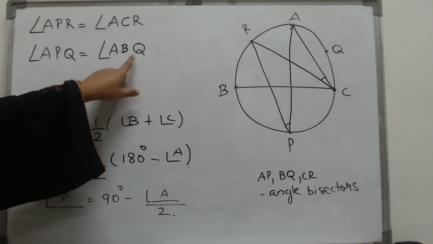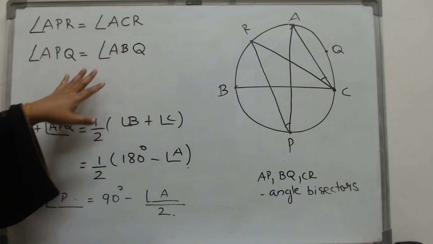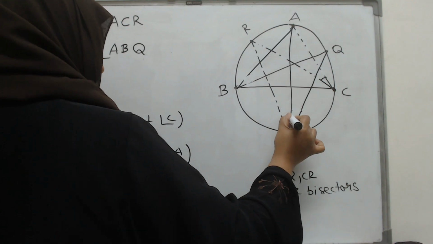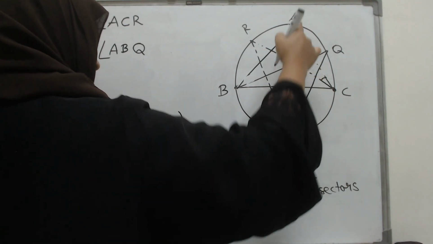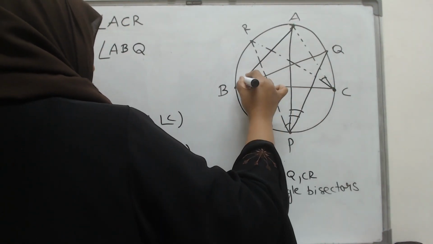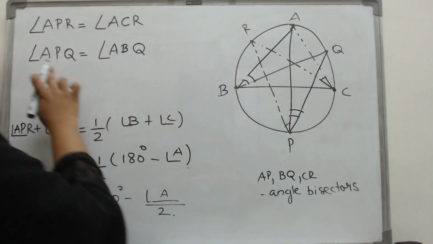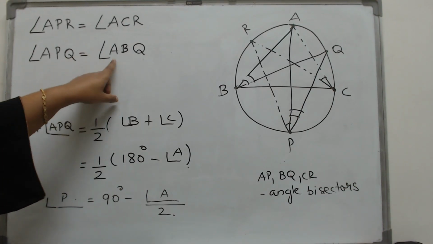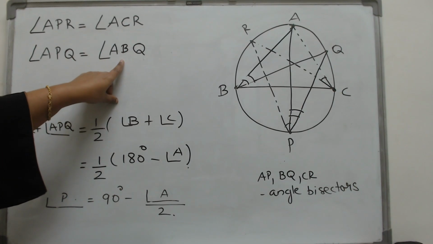So ABQ is a legitimate angle. You know such an angle exists. But let us look at the picture again. So this angle here is APQ, and this angle here is ABQ, and both of them are angles made by the arc AQ.